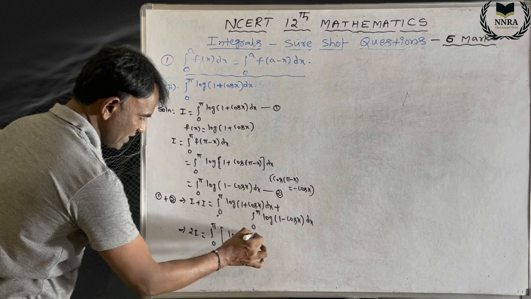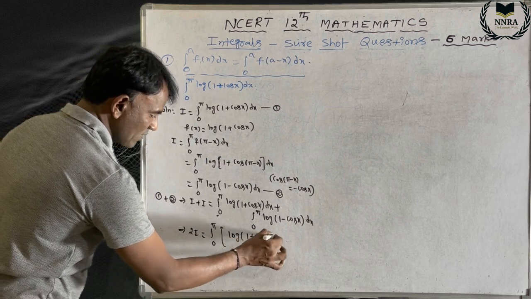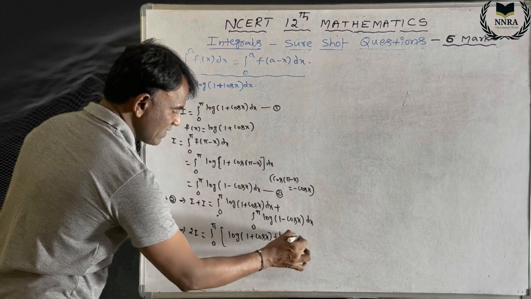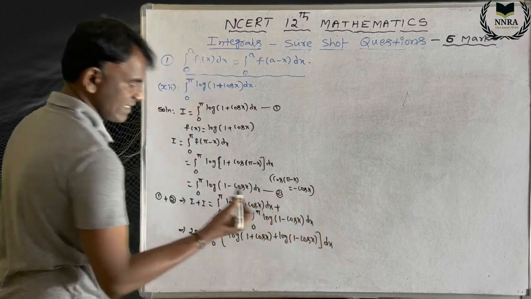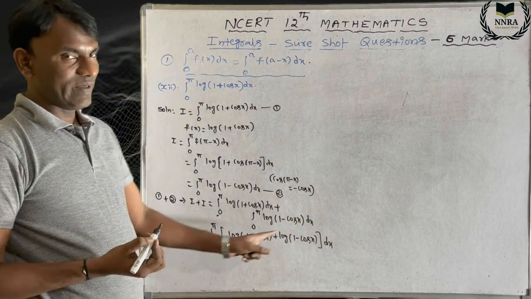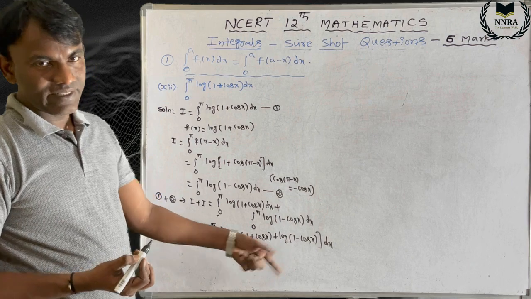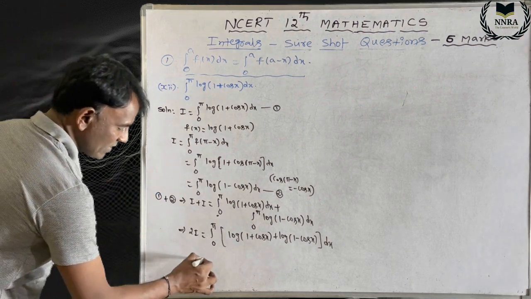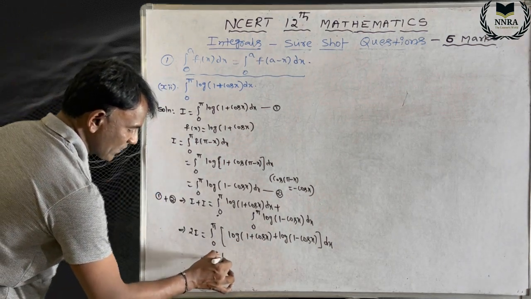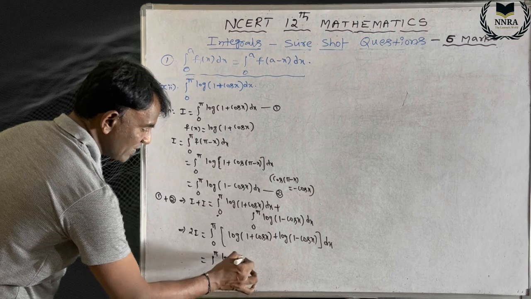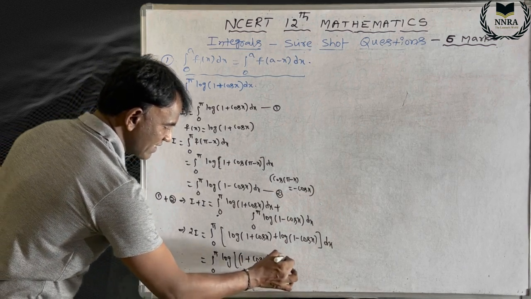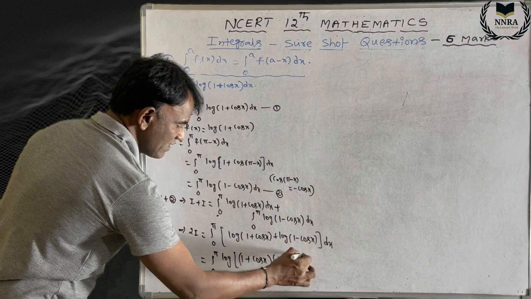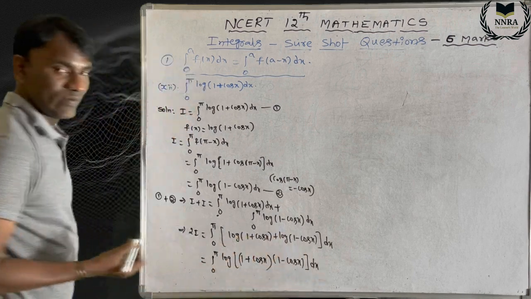Log of 1 plus cos x plus log of the second one, 1 minus cos x, into dx. Like log a plus log b can be written as log of ab. So again integral 0 to pi log of ab means 1 plus cos x into 1 minus cos x, right? Then dx.